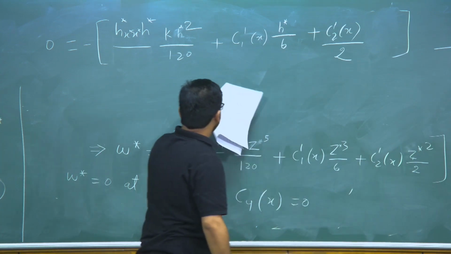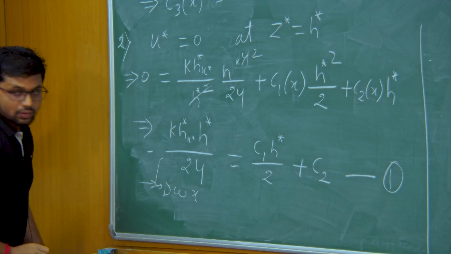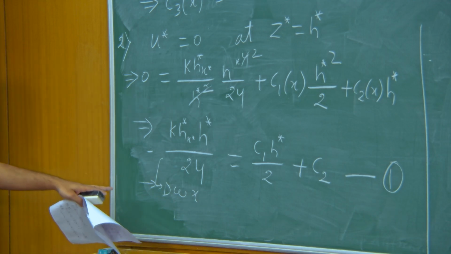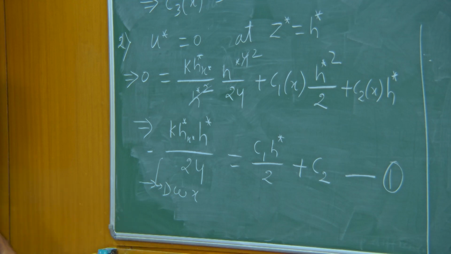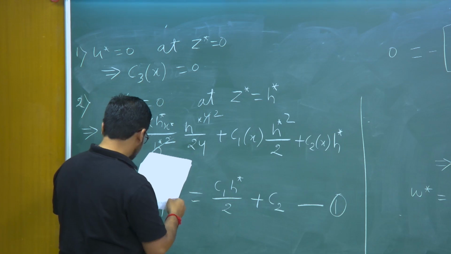So, with these two equations we have to calculate C1 and C2. So, we have two equations, two unknowns. You can see that you have the C2 dash term here, and here we have C1 and C2 terms. So, you differentiate equation 1 with respect to x. So, you will get an equation in C1 dash and C2 dash, right. So, I will write that equation directly.